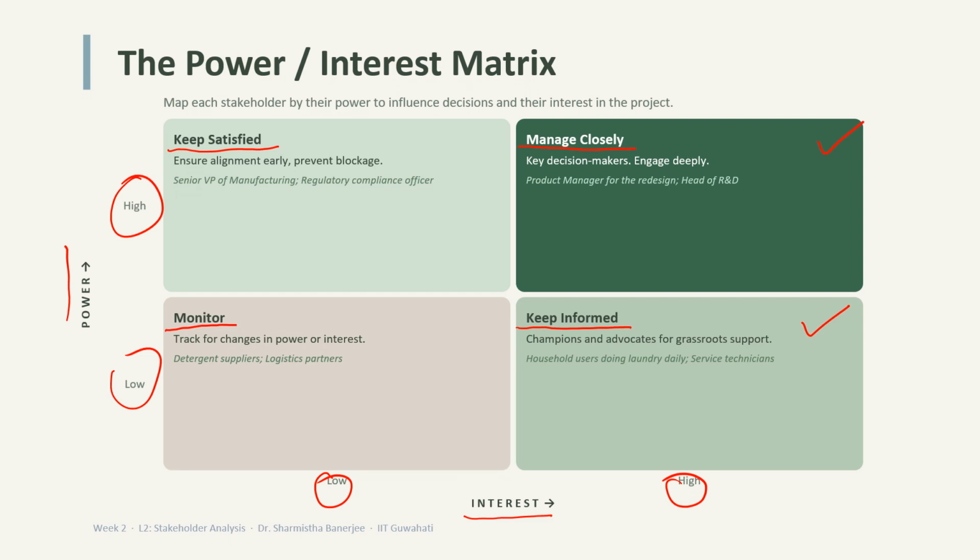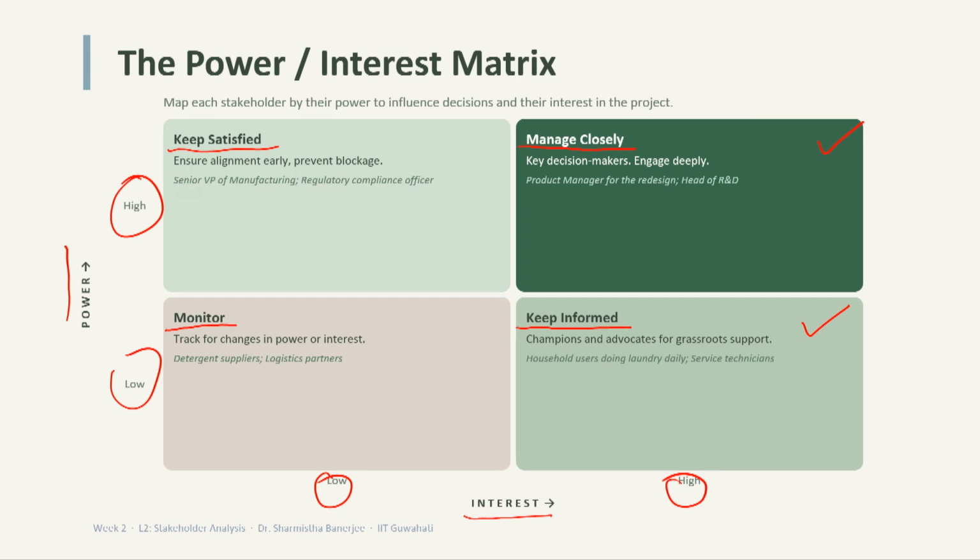They have low power in the system because they do not have much power to make decisions regarding the design project. However, they have very high interest in this project because they either use the product daily or they are supposed to repair the product whenever it breaks down. So I have to keep them informed about every change that I make, and if that change has certain implications, I will also have to keep them informed about all the ways in which I am designing.